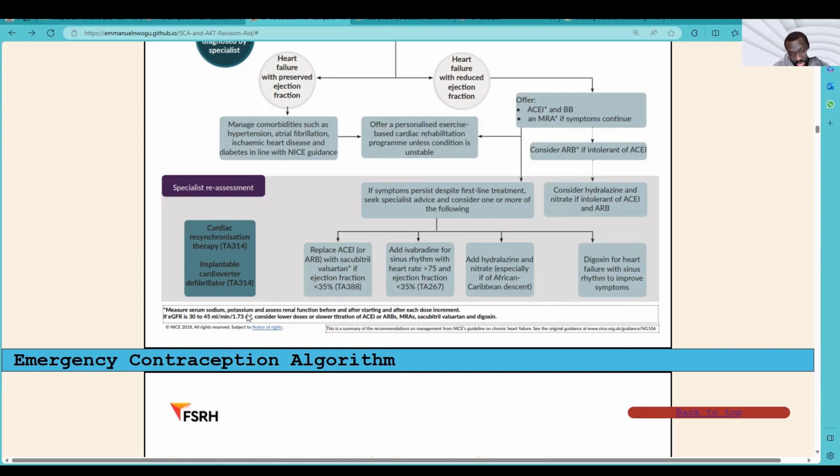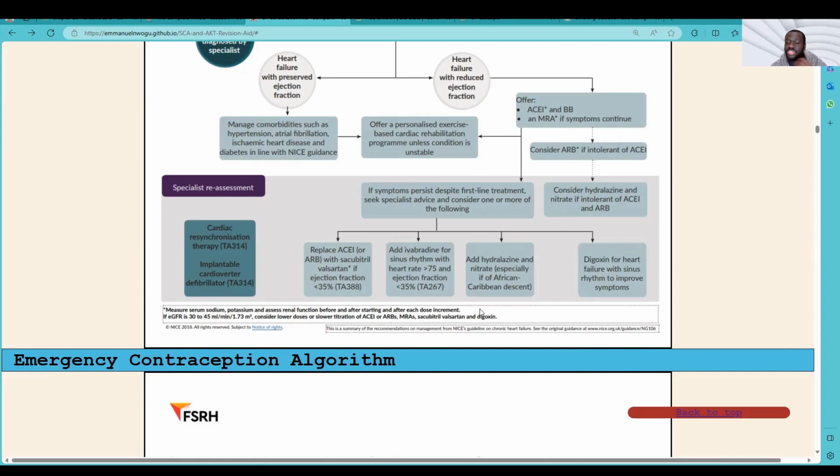Measure serum sodium, potassium, and assess renal function before and after starting, and after each dose increment, for sacubitril valsartan, ACE inhibitors, and ARBs. If eGFR is 30 to 45, consider lower doses or slower titration of ACE inhibitors, ARBs, spironolactone, and sacubitril valsartan.